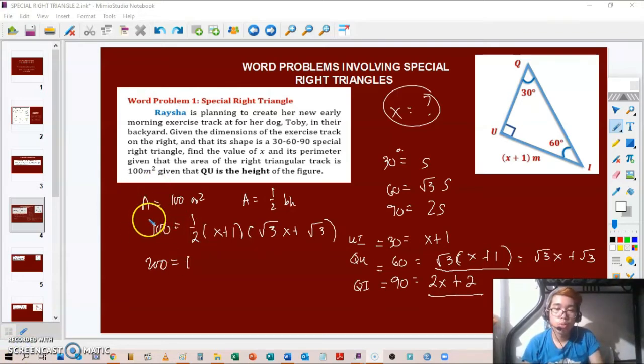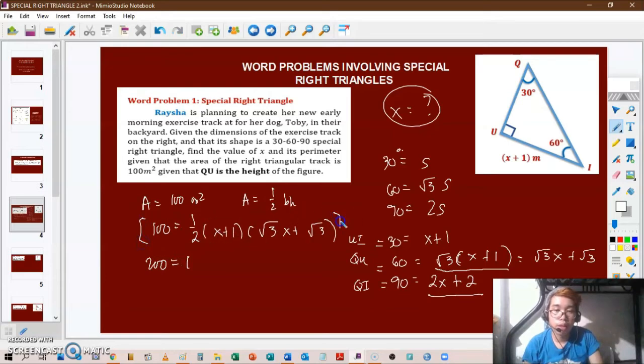We're going to multiply the entire equation by 2 to cancel 1/2. So this will give us 200 times this binomial. Okay, x times square root of 3x, so that's going to be square root of 3x squared plus 2 square root of 3x plus 3.